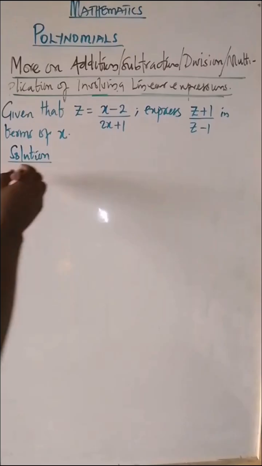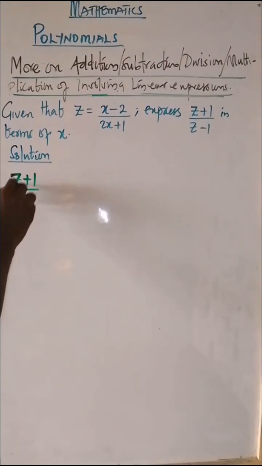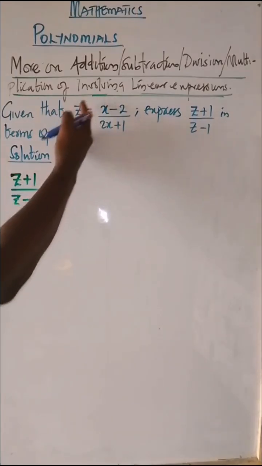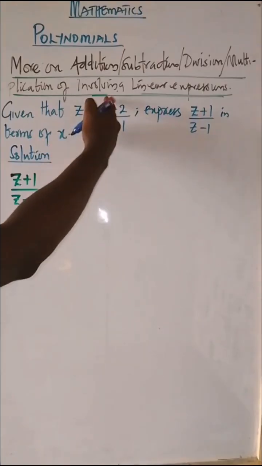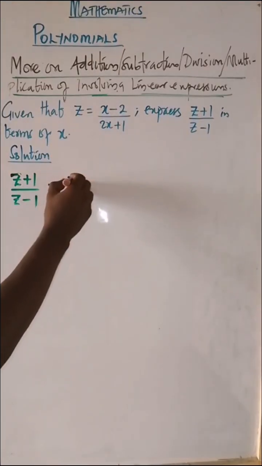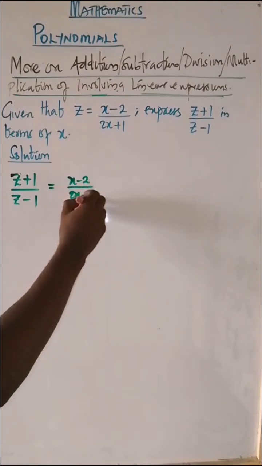In fact, what we actually want to get is z plus 1 over z minus 1. So what are we going to do? We are going to replace z with its value. And what is z from here? x minus 2 over 2x plus 1. So instead of writing this z, I'll write x minus 2 over 2x plus 1.